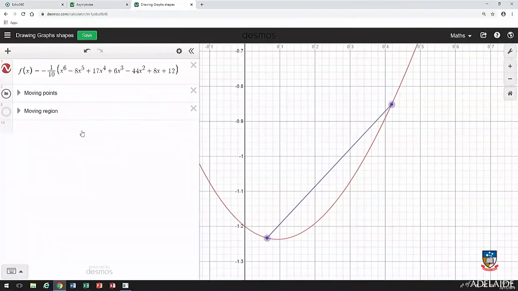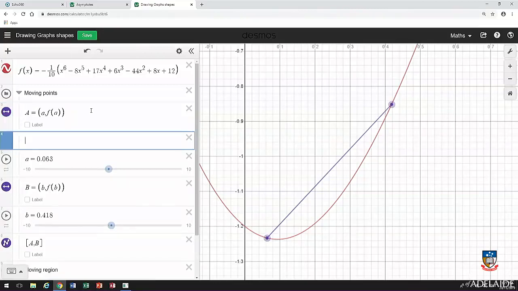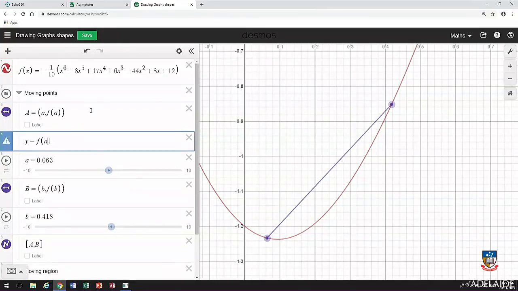Just give me a second and I'll put that in. So we have a line that passes through that point, and it has slope f dash a. All right, that's the curve there.